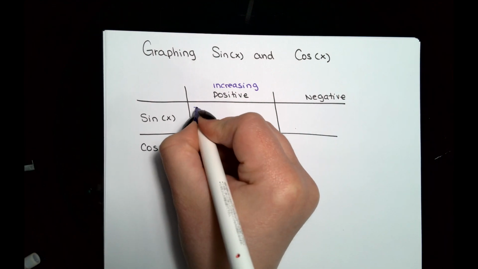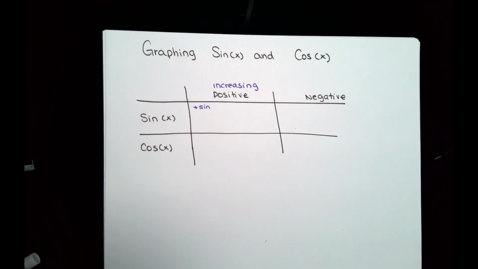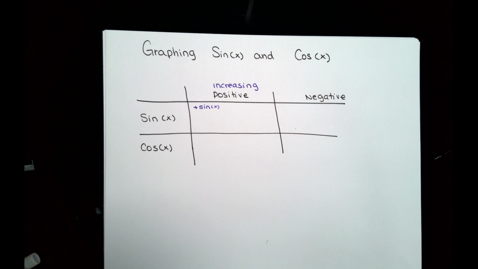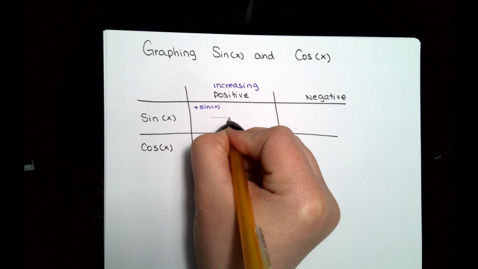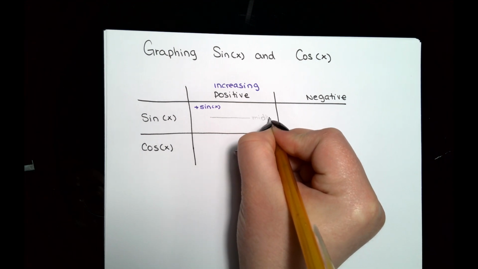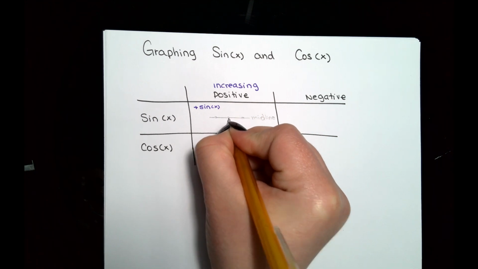And you will see a positive A value, which is your amplitude. And the characteristics of a sine wave is that it starts, ends, and has its middle on the midline.